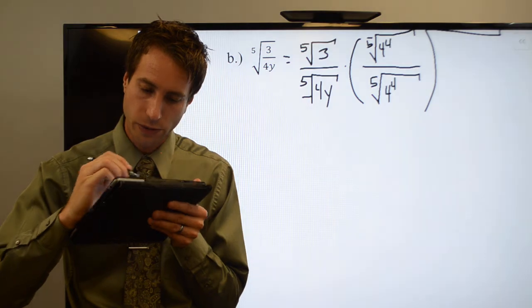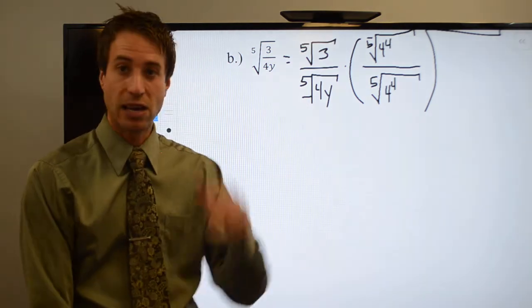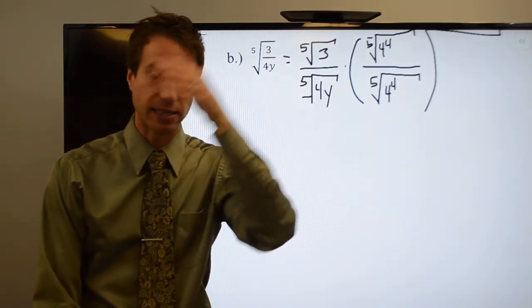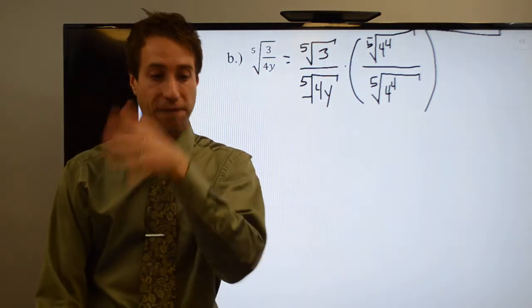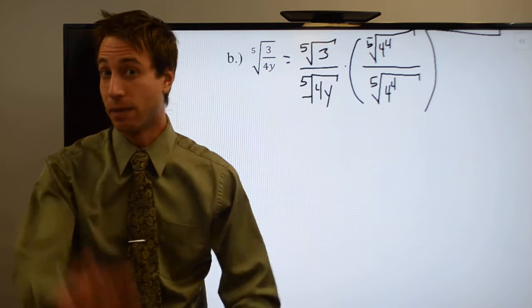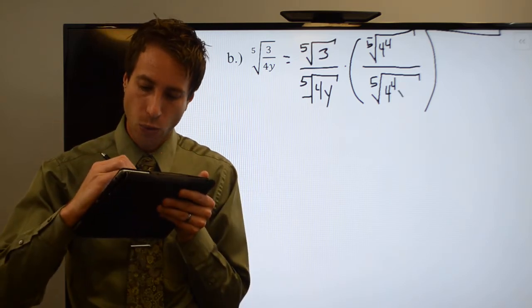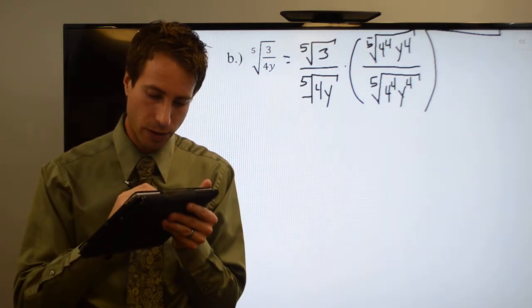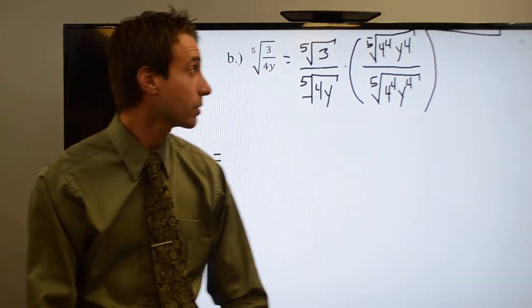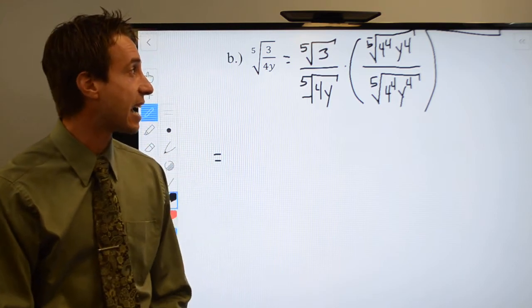Okay, and then n minus x, n is the index, x is the power. Well, this y is to the first. So it'll be 5 minus 1, which again is a 4. So it'll be a y to the 4th and a y to the 4th. Okay, here we go. Multiply these guys together.